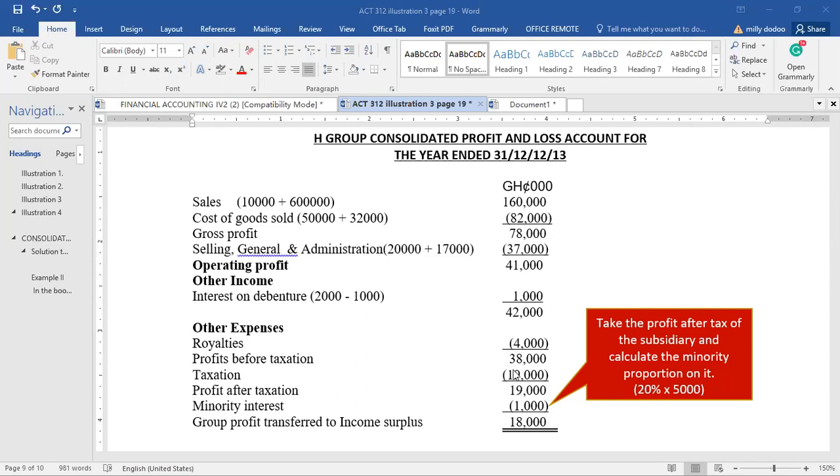But I was explaining that you can see that we had debenture interest over there of 1,000.